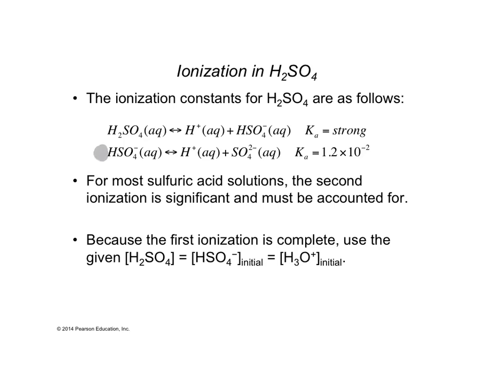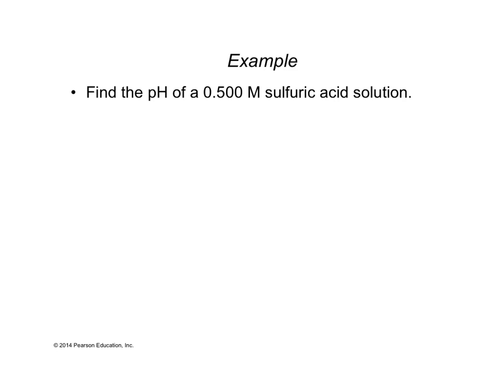And then I'm going to let you try one on your own. So let's say that we have a sulfuric acid solution with a concentration of 0.5 molarity, and I want you to find the pH of this 0.5 molar sulfuric acid solution.